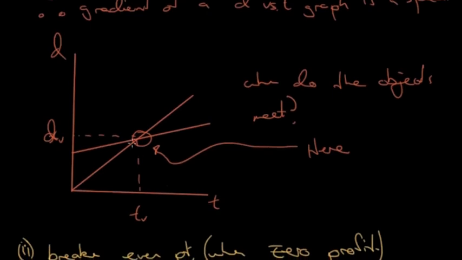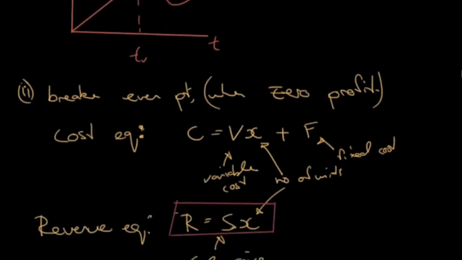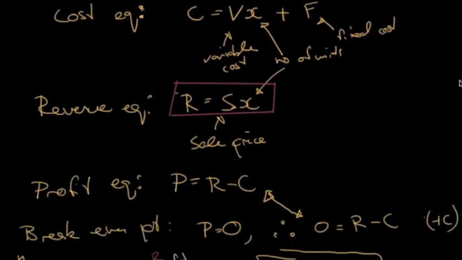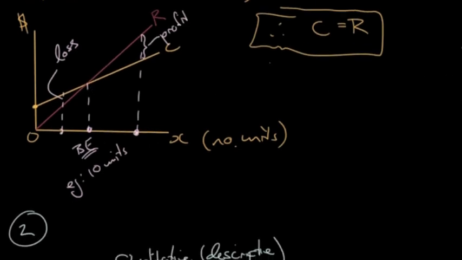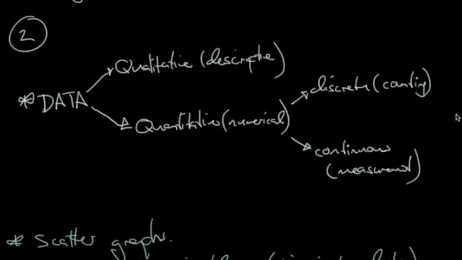Looked at when objects will meet on distance time graphs in space and time. Then we had a look at break-even points and related them to simultaneous equations, and said that the break-even point is when our revenue equals our cost, and similarly our profit equals 0.